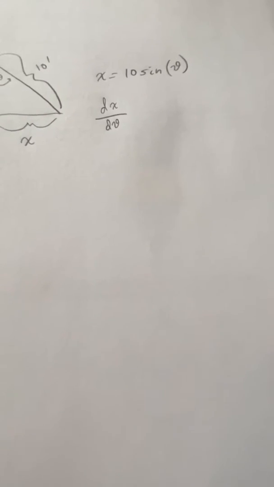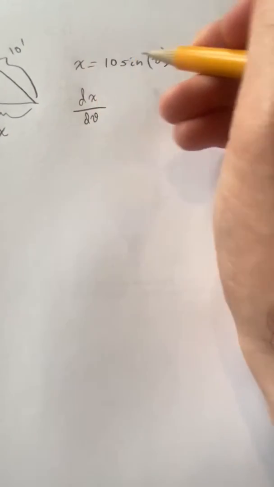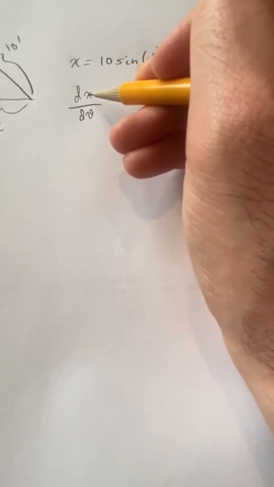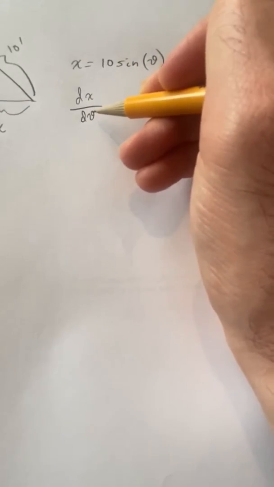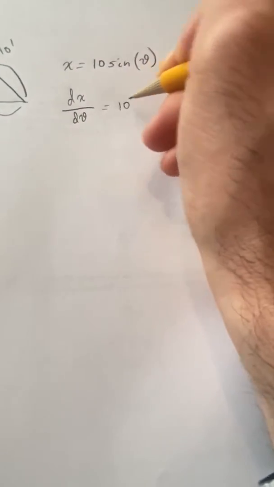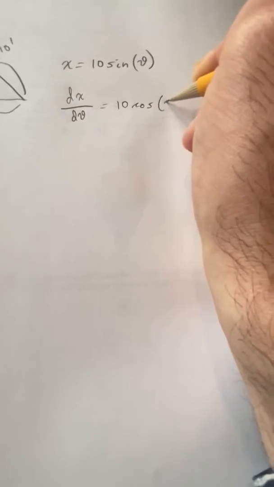So when it's just a generic function of y in terms of x, the derivative is the rate at which y is changing with respect to x. But when you have an equation for x in terms of theta, the derivative is going to be the rate at which x is changing with respect to theta. So if we take the derivative with respect to theta, we get 10 cosine theta.